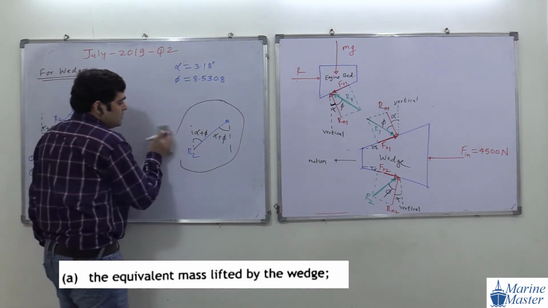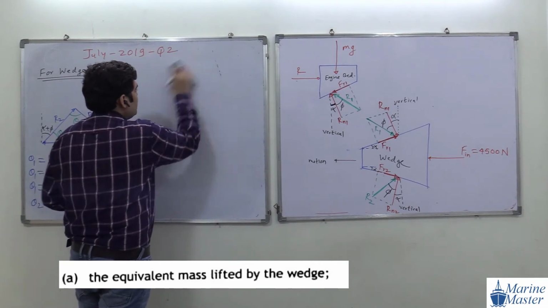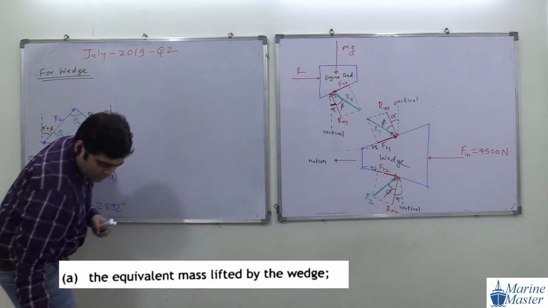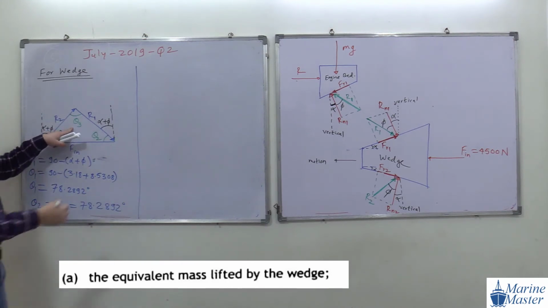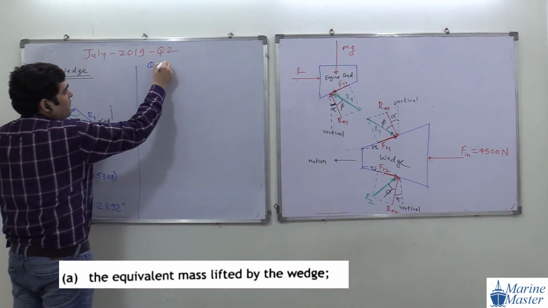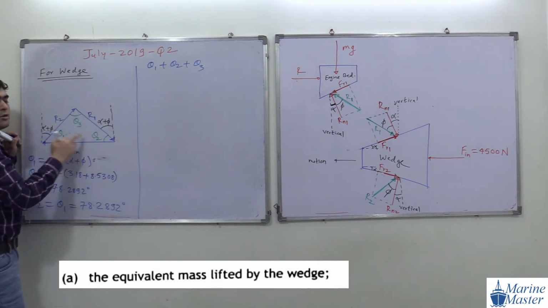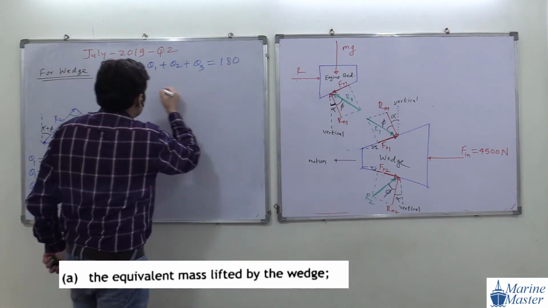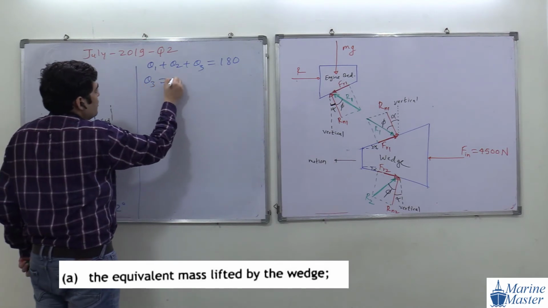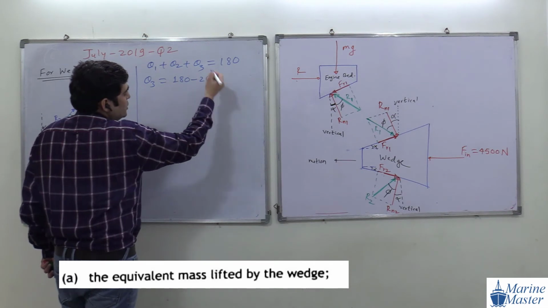And then what about the next point? See the scenario. Theta 3 will be what? Theta 1 plus theta 2 plus theta 3, the sum of three angles of a triangle, will be 180 degree. So theta 3 will be 180 minus theta 1 minus theta 2.